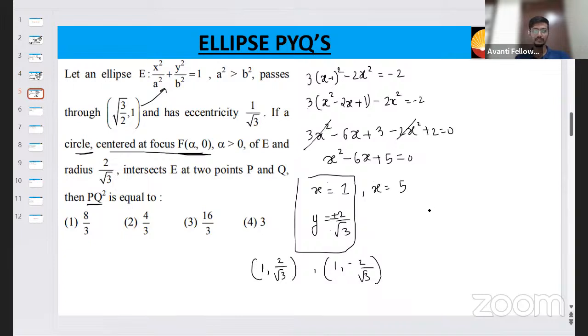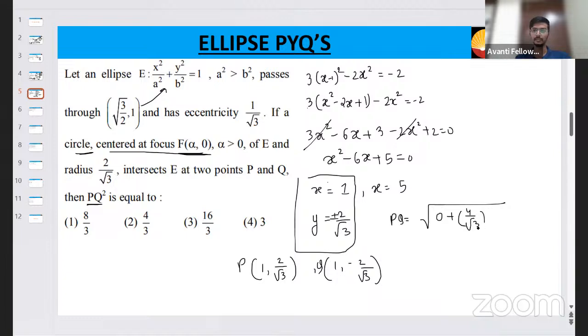So what is the distance formula? By using the distance formula, PQ is equal to, let this be P, let this be Q, under root of 0 plus (2 by root 3 plus 2 by root 3), that is 4 by root 3, the whole square. I hope I'm correct. Yeah.